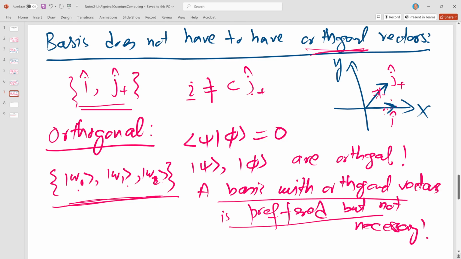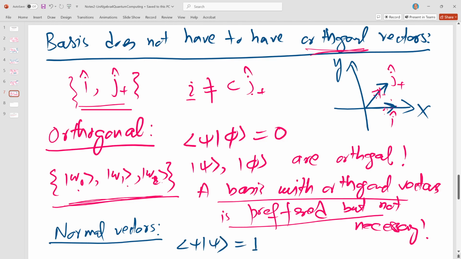Okay, and let's introduce another definition while we are here, and that is normal or normalized vectors. If I have a vector psi and its inner product with itself is 1, it has a magnitude of 1.